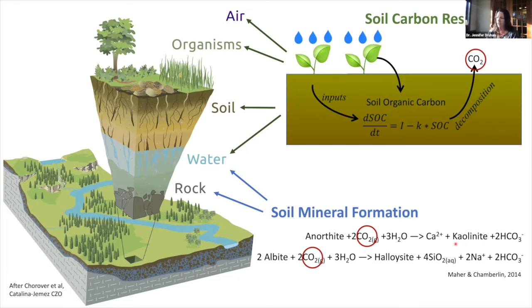Now, typically when we're trying to build models and think quantitatively about these soil carbon respiration and mineral formation processes, we tend to hold one of them as simplified or static while we study the other one in detail. So let me show you how that typically works.